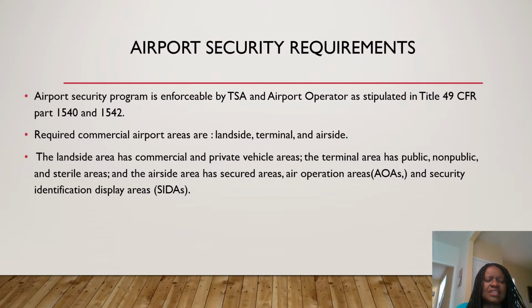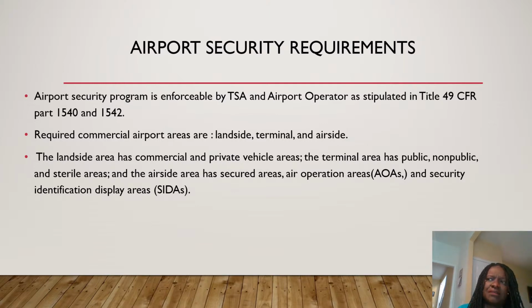In the airport, they have required commercial airport areas, which are your land side, your terminal, and your air side. The land side area has your commercial and private vehicle areas, which must be protected also. Passengers arriving at the curbside must be protected. We've heard of bombs exploding out there. The terminal area has public and non-public areas.